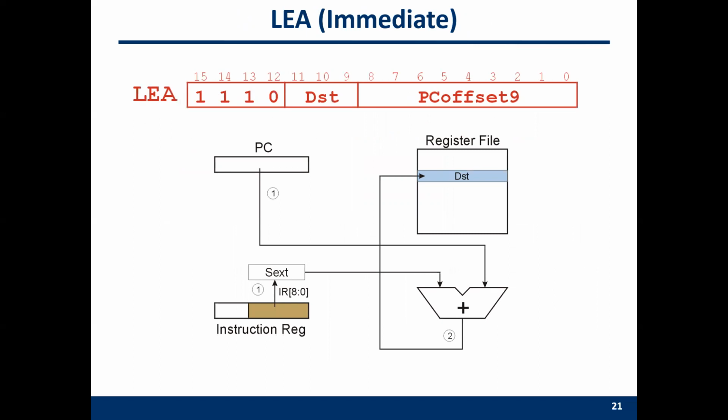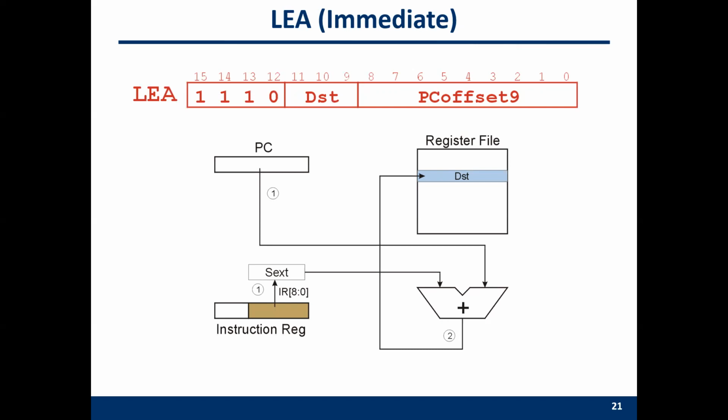We will see the LEA, load effective address. We have a new opcode and a destination. The destination register is used to store the computed address.